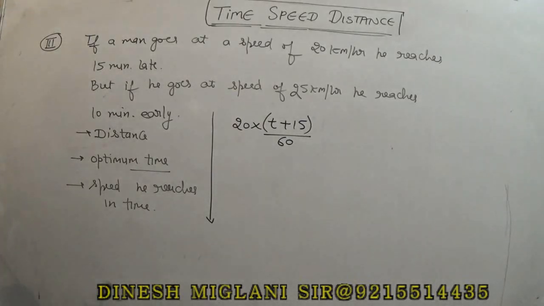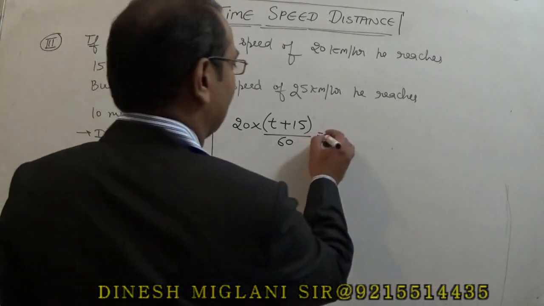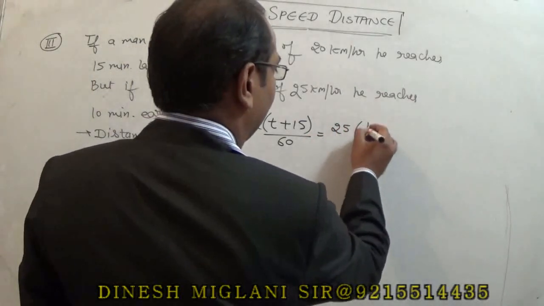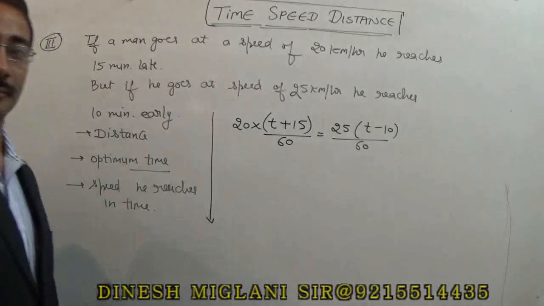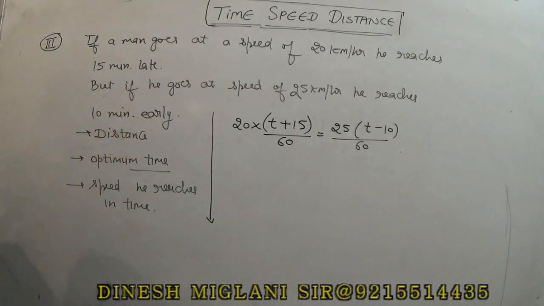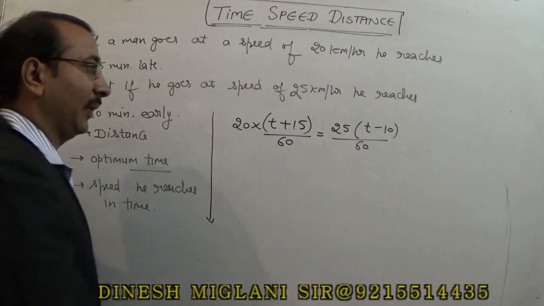In the second case, if he goes at a speed of 25, he reaches 10 minutes early. That means 25 into (t minus 10) upon 60. Because in that case, he would be 10 minutes early, meaning the time taken by him would be 10 minutes less. Now I can find t here.